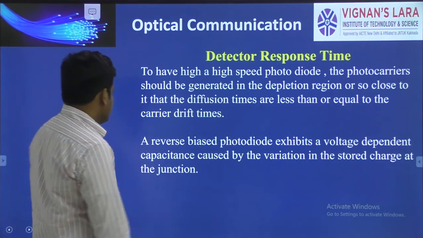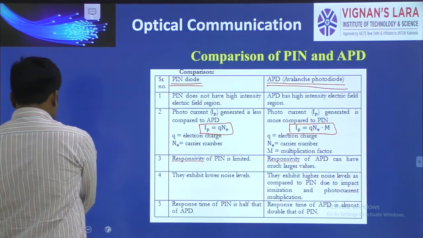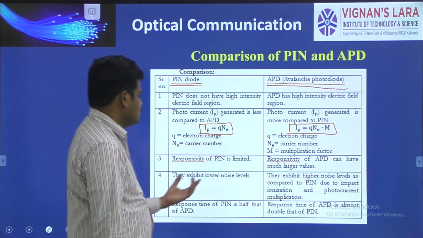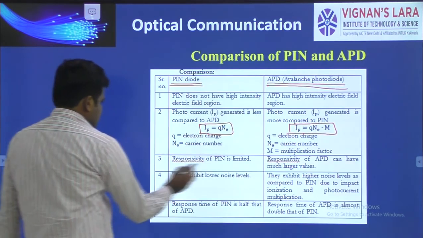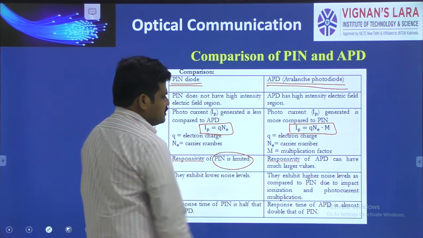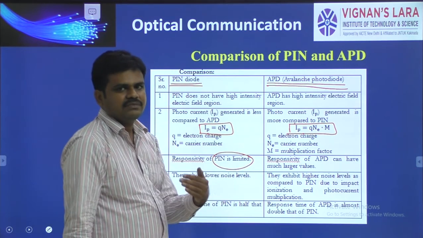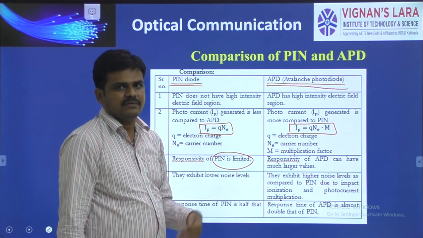The next one is responsivity. Responsivity of the PIN diode is limited, whereas the responsivity of the avalanche photodiode is very high.